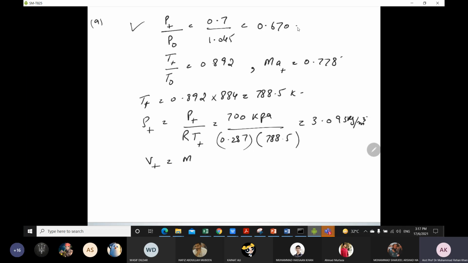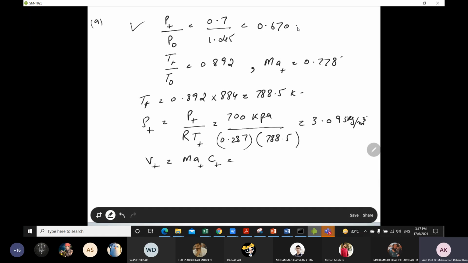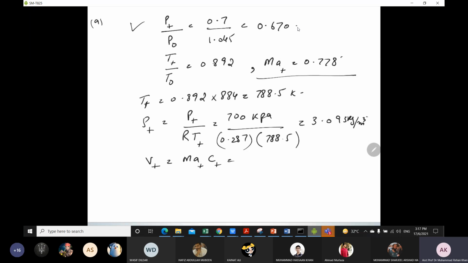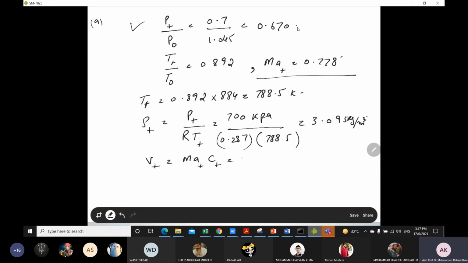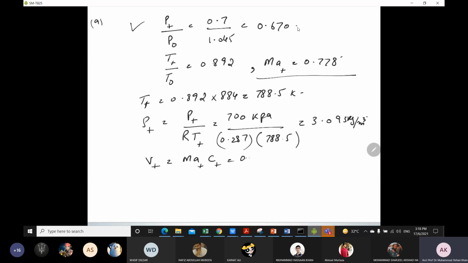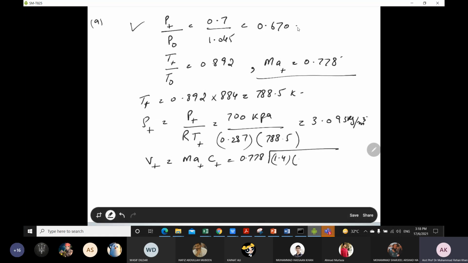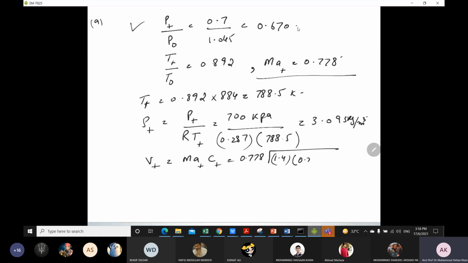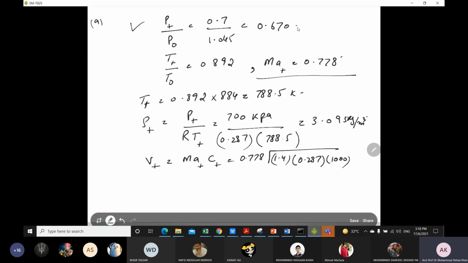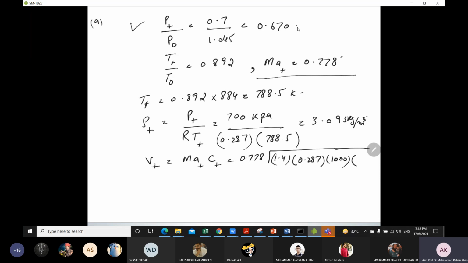So V throat is basically Mach throat into C throat. C is speed of sound at the throat. So Mach throat we already found by using interpolation, and by using this data we can say that 0.778 under root 1.4, R value is 0.287, and multiplication by 1000 to convert into joule, and then temperature at throat we have already found, which is 788.5.